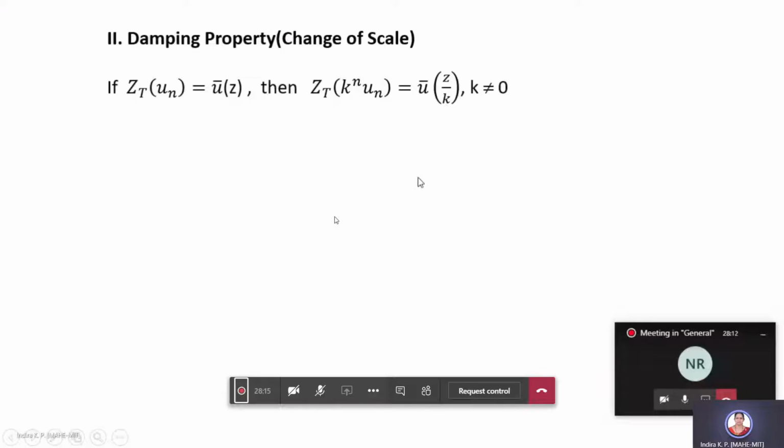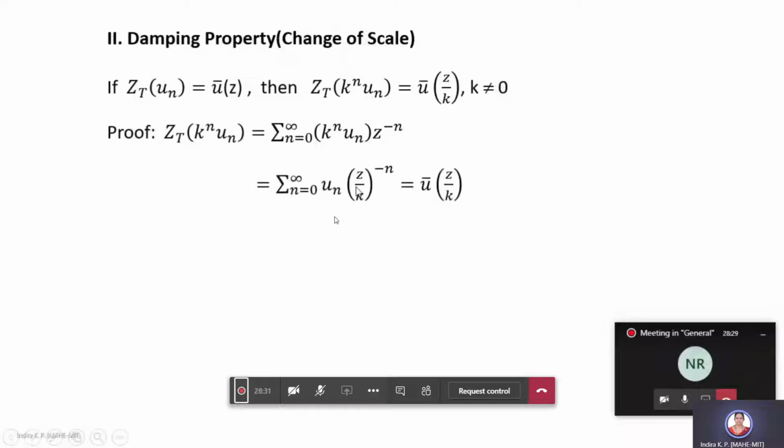So again, the proof of this is very simple. By definition, the transform is k to the power n un into z to the power minus n, which I can write, keeping un as it is, as (z/k) to the power minus n. Now, can you see that in the definition of the z transform, in place of z to the power minus n, I have (z/k) to the power minus n.